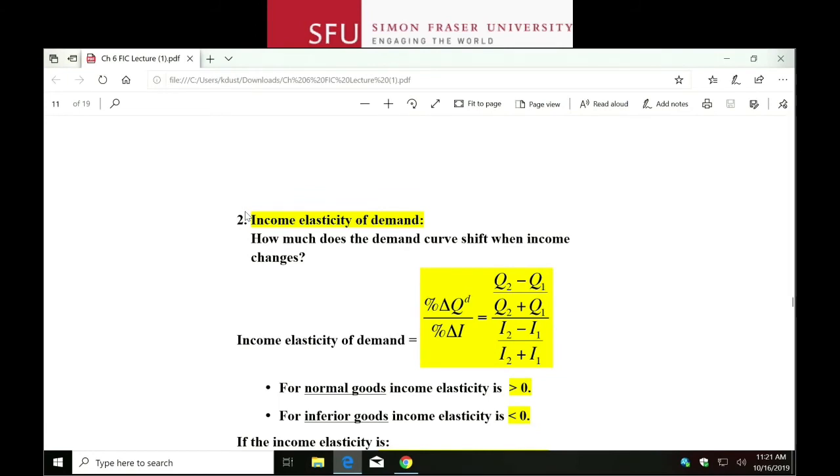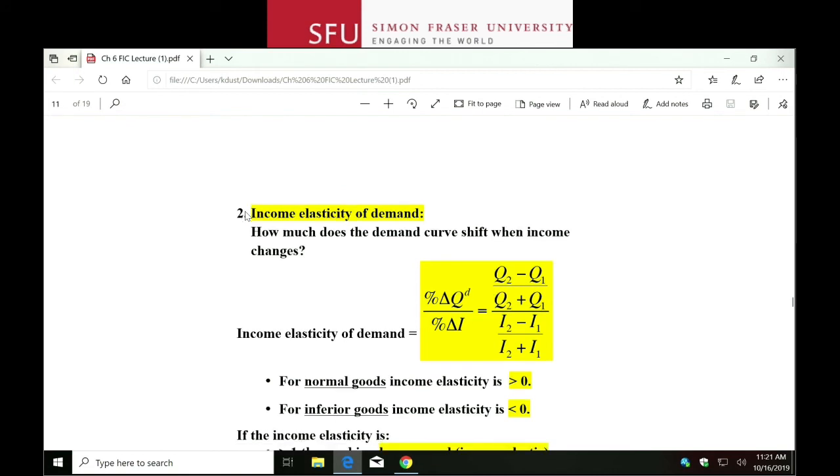And then, last thing is that for normal goods, we can further classify the normal good as a necessity or a luxury. And we'll do that the same as we did with price elasticity of demand. If it's more than one, it's a luxury. If it's less than one, it is a necessity.